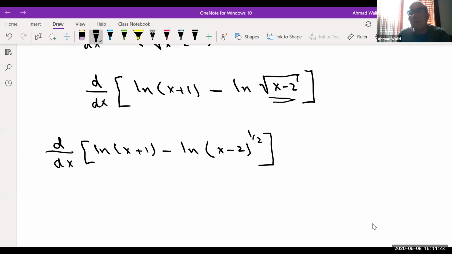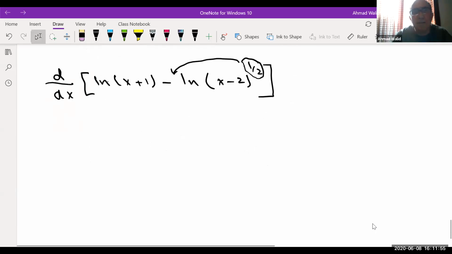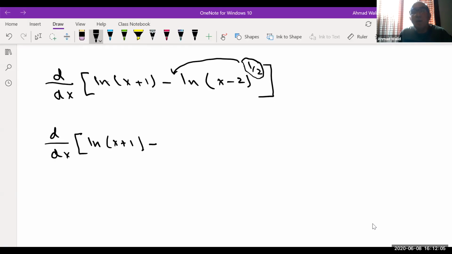Even before that, to make it more simplified, can you bring this exponent to the front of ln based on logarithmic rules? It makes it easier for you. Let's do that. D over dx of ln x plus 1 minus 1/2 ln of x minus 2.